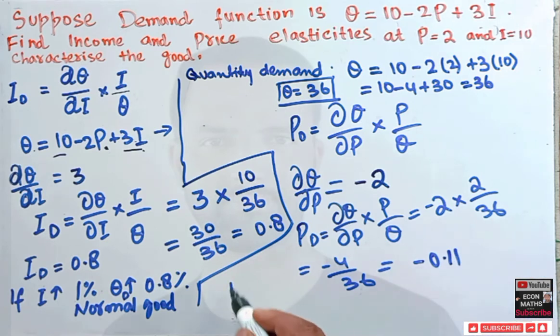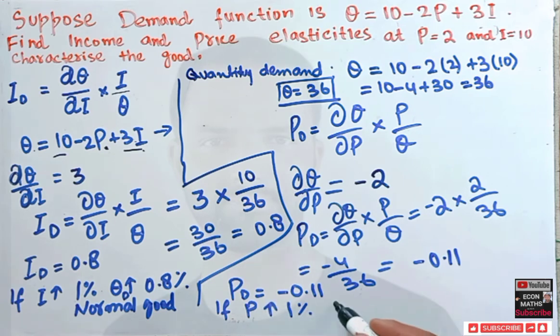So price elasticity of demand comes out to be minus 0.11, and it tells us that if price increases by 1%, quantity demanded will decrease by 0.1%. And here you can see the good seems to be inelastic.